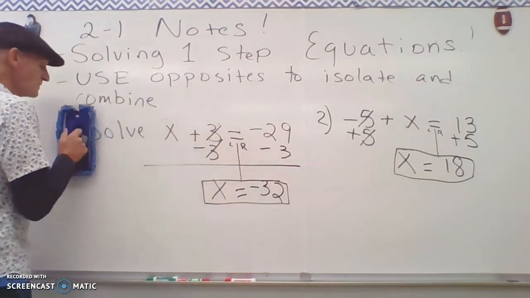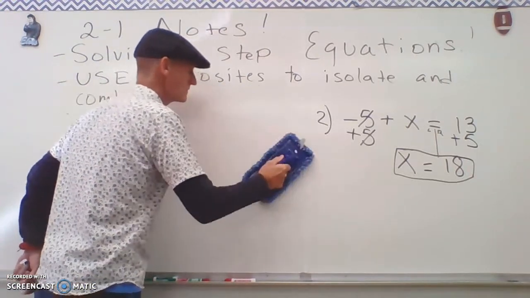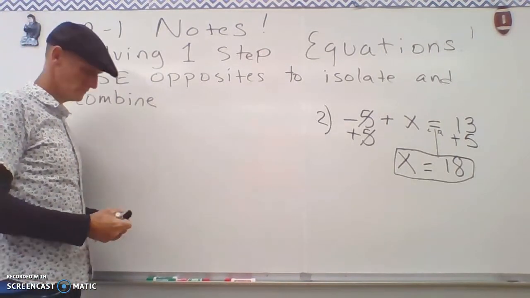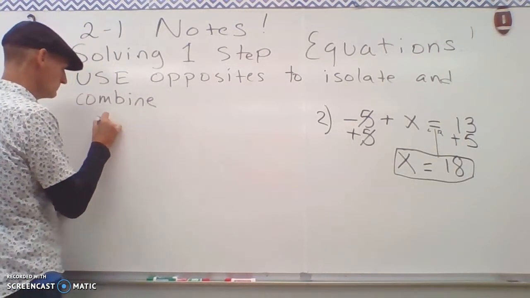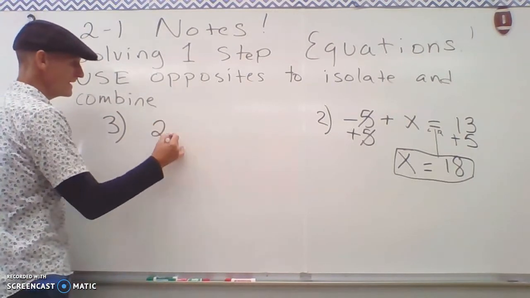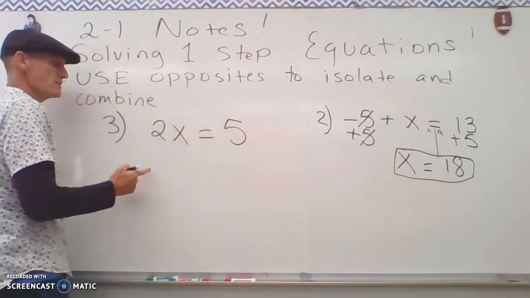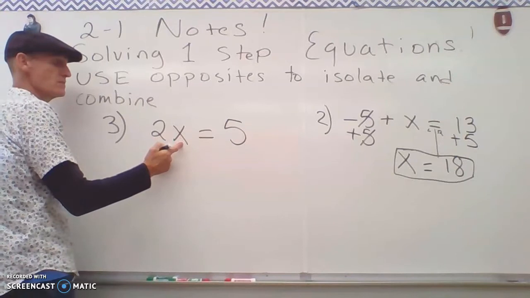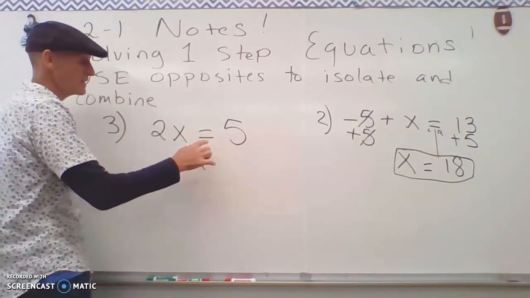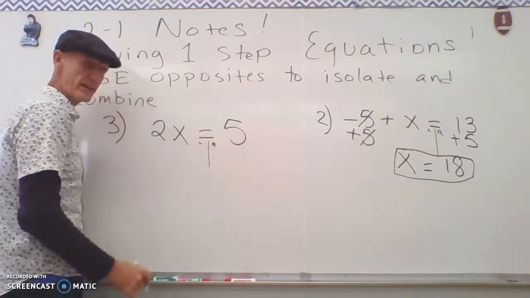All right. Example 3. 2x equals 5. This means 2 times x. X is any number, equals 5. This equation has a left, has a right.